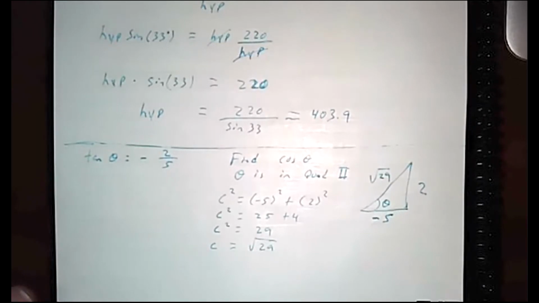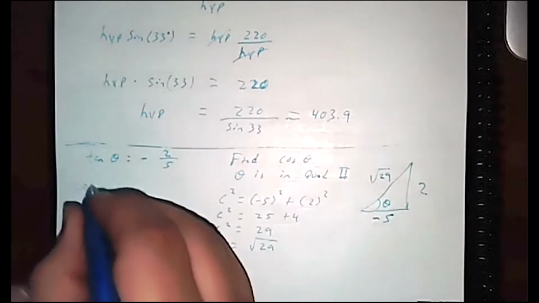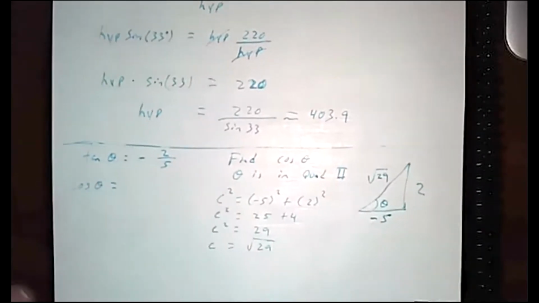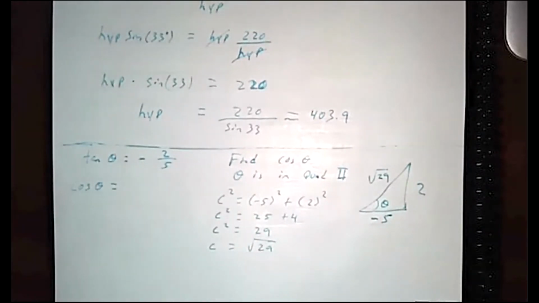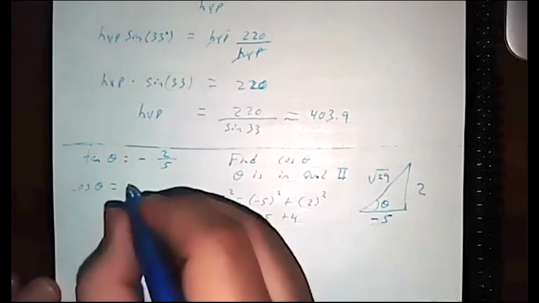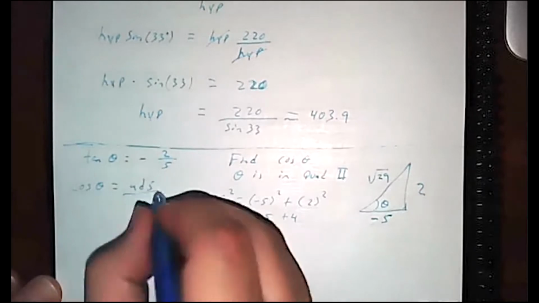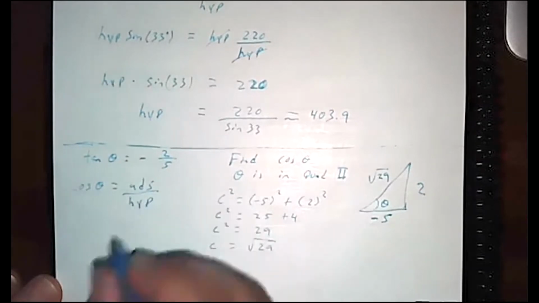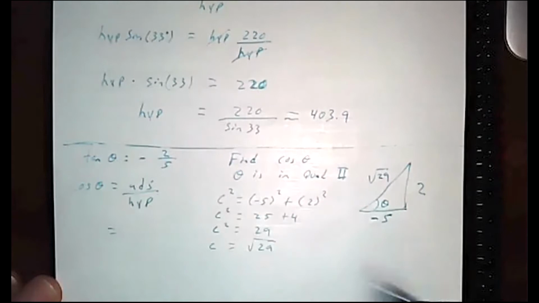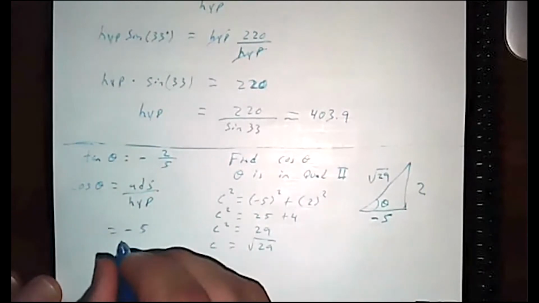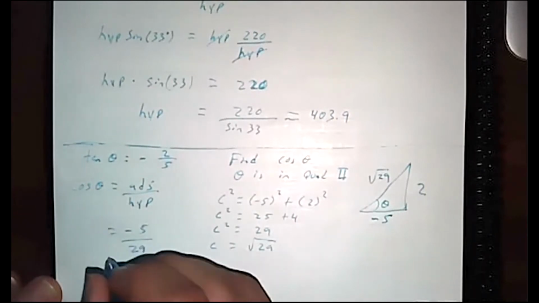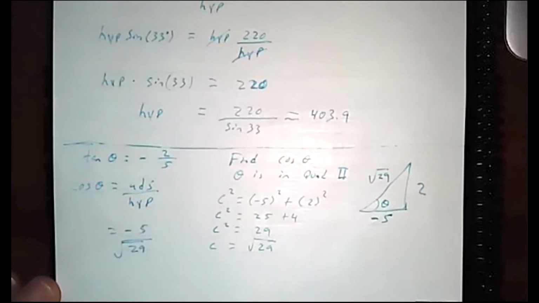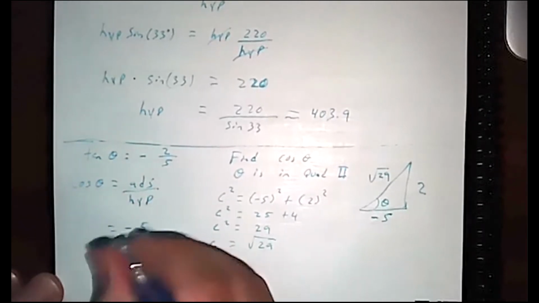Okay, so what is cosine defined as? Adjacent over hypotenuse. So that will be negative 5 over square root 29.